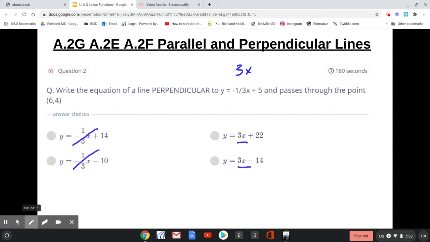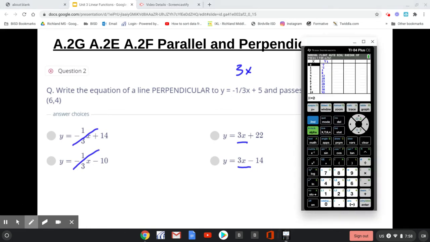I'm going to do the same thing. I'm going to hit my calculator, hit y equals, and I'm going to put each equation in there and check to see if the point is on the table. So we have 3x plus 22. We're going to hit second table, and I'm looking to see when x is 6 is y 40. And it is not for that one.